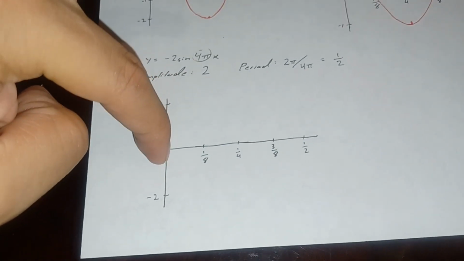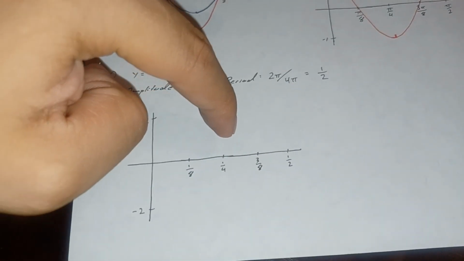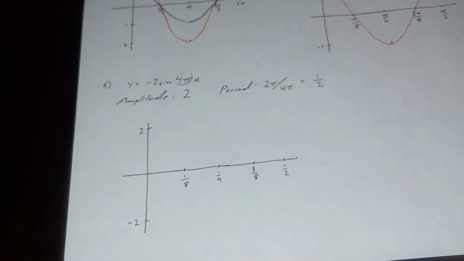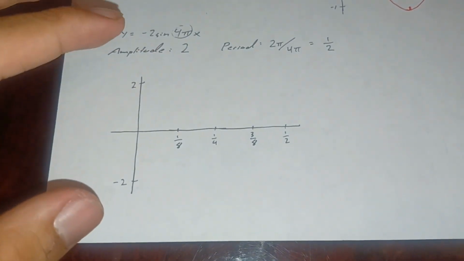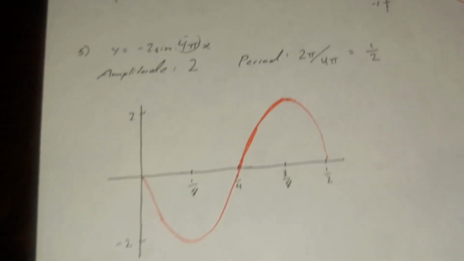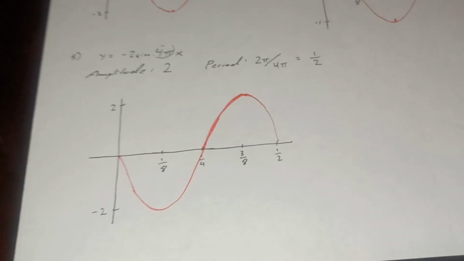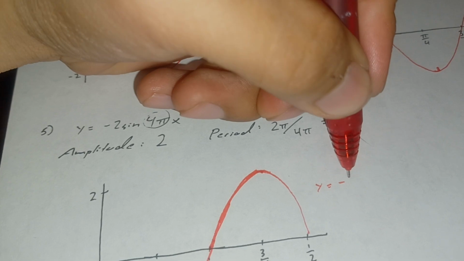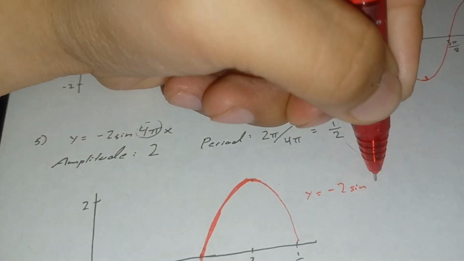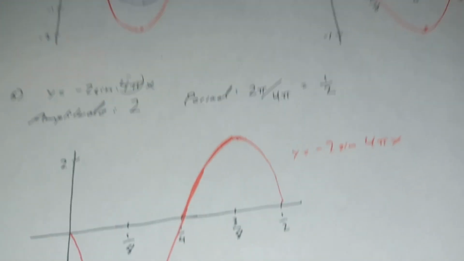Again, make sure you cross your midpoint and end at 1/2. So we're going to go ahead and do that right now. So this is how it's going to look like. This is going to be y equals negative 2 sine 4 pi of x.